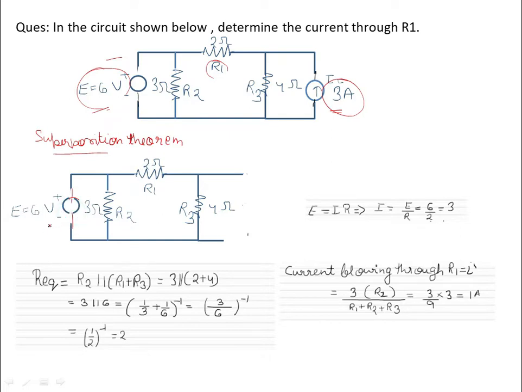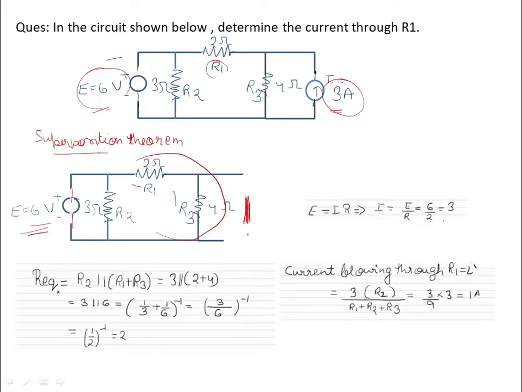For calculating the response of this voltage source, we will open the current source present here. So now we have this 6 volt voltage source, and here R1 and R3 are in series and this whole is in parallel with R2.